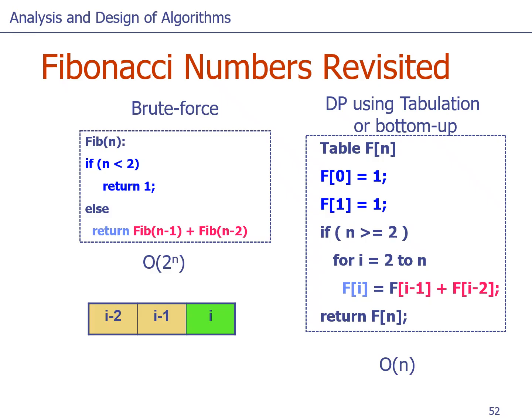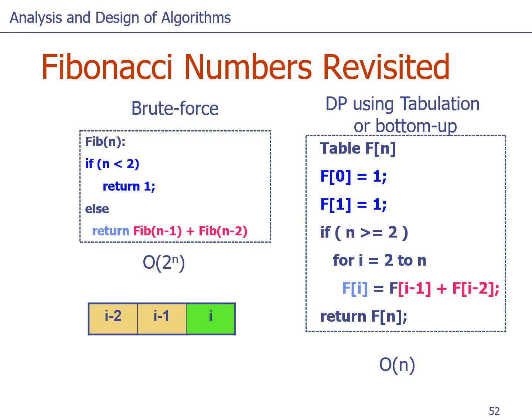Now the code is quite simple. If n is less than 2, return 1, else do Fibonacci of n minus 1 plus Fibonacci of n minus 2, and then you go into this horrible performance where you keep computing the same Fibonacci number over and over again.